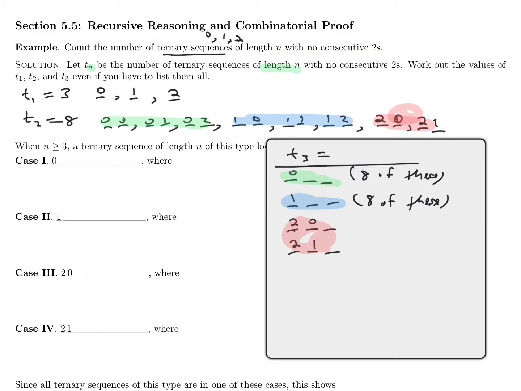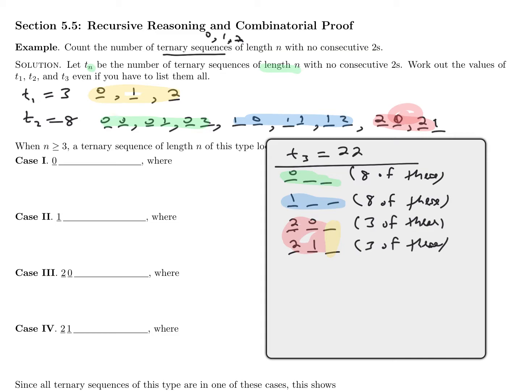I'm only filling in 1 character, and there's nothing I can put there that's going to cause a problem with consecutive 2's. So any of the single characters can go in that final blank. I could put a 0, 1, or 2 in that last blank, so there will be 3 of them for each case. Altogether, T of 3 is 8 plus 8 plus 3 plus 3, which is 22.